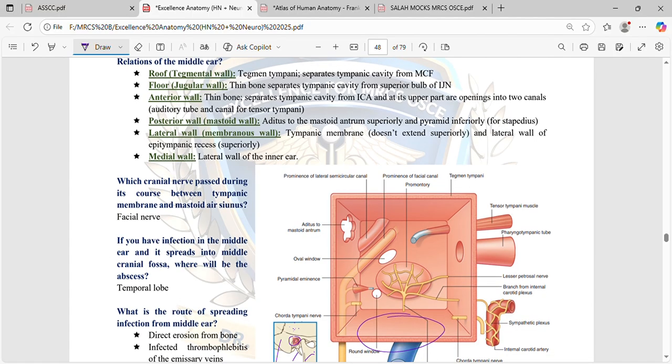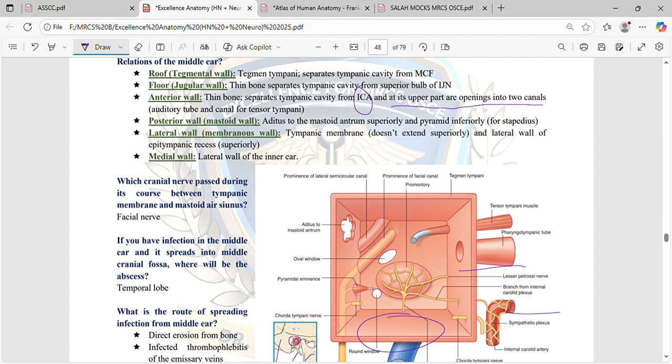And then we have the anterior wall. Thin bone separates the tympanic cavity from the internal carotid artery here, and its upper part opens into two canals: the auditory tube, which opens into the nasopharynx, and the canal for the tensor tympani.